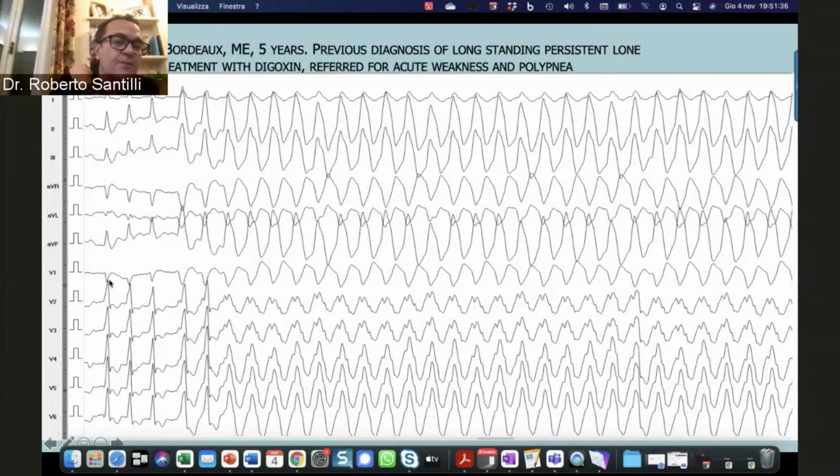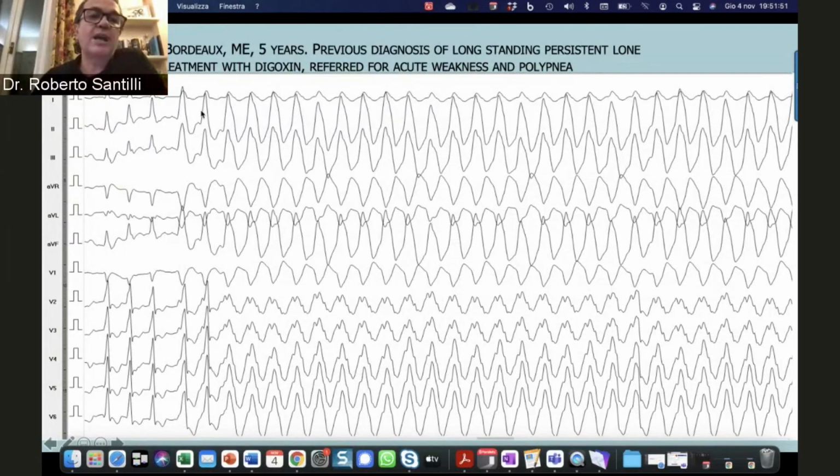So this is interventricular dyssynchrony. This dog already has interventricular dyssynchrony and conduction delay within the left ventricle.